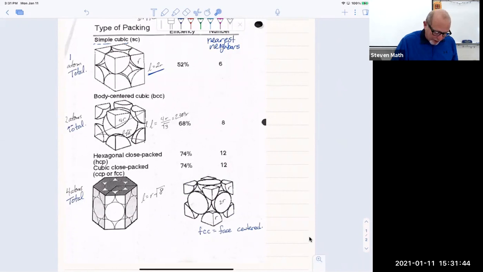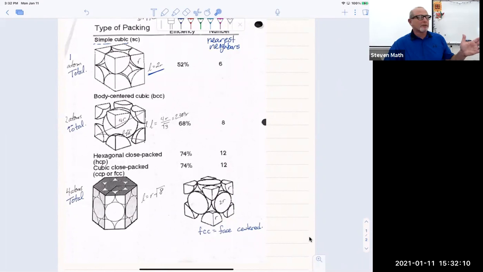And their relationship, because we have this diagonal, there's the triangle we can use, and we know that it's R plus 2R plus R again. If we simplify this down using Pythagorean theorem, we're going to get L equals R radical 8.